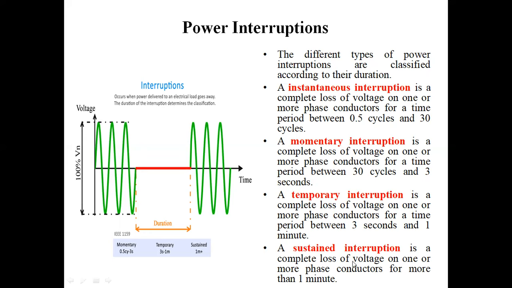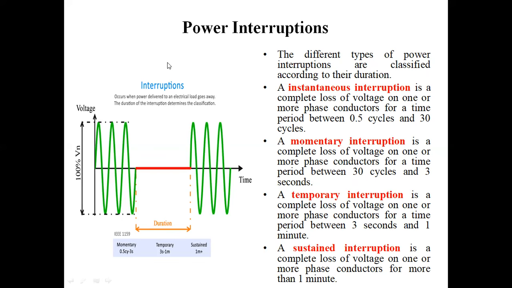If more than 1 minute, we will consider long interruption, and that name is sustained interruption. This is the total of power interruptions: 0.5 cycles to 30 cycles, 30 cycles to 3 seconds, 3 seconds to 1 minute, and above 1 minute. This is important.